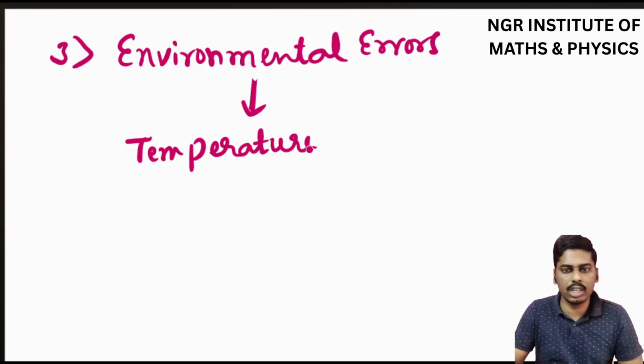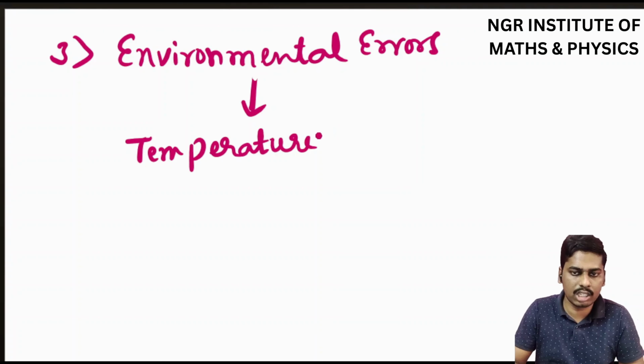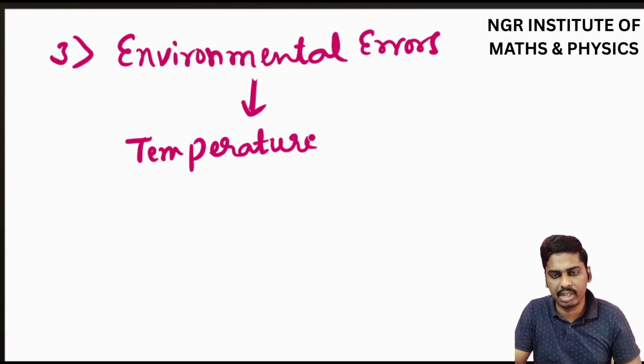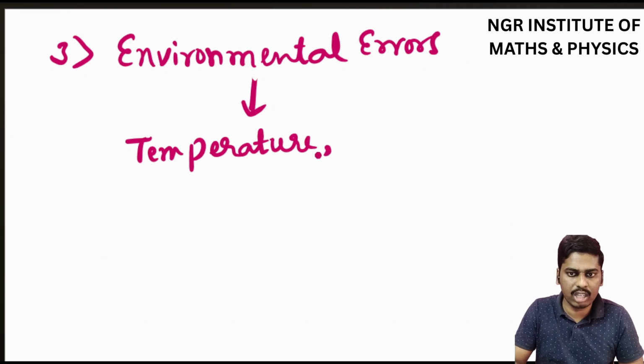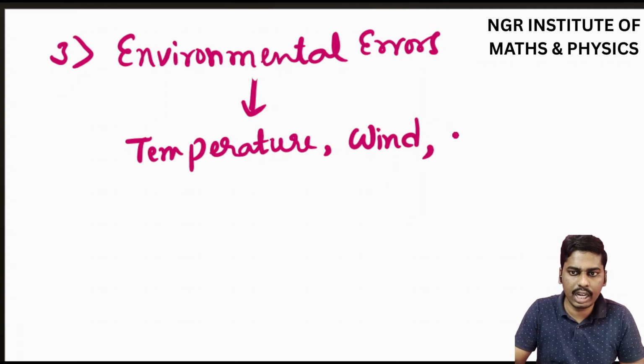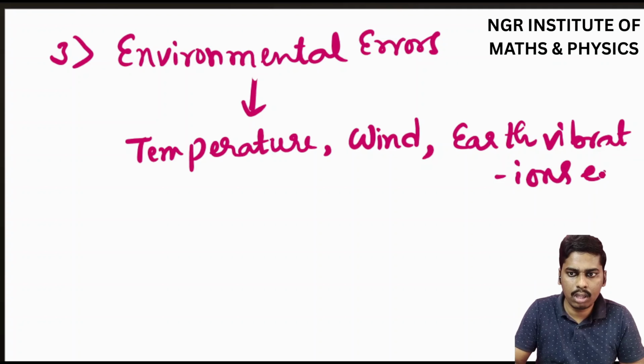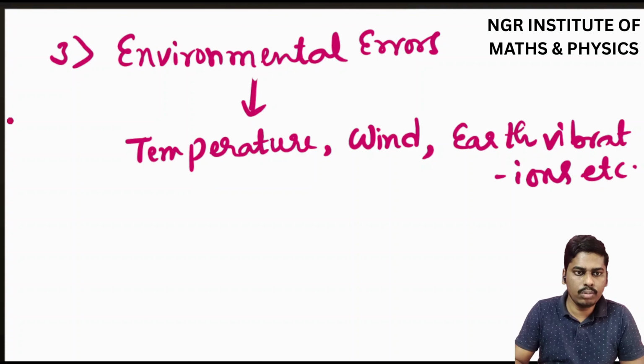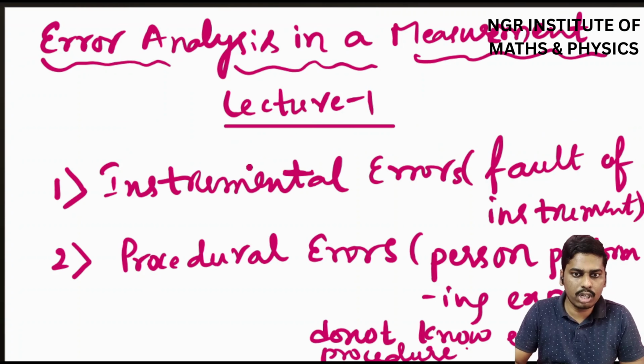Suppose one person is doing the experiment at one temperature and another person is doing the same experiment at a different temperature. Because of that, because of wind, because of earth vibrations, etc. So we understood why the errors occur.